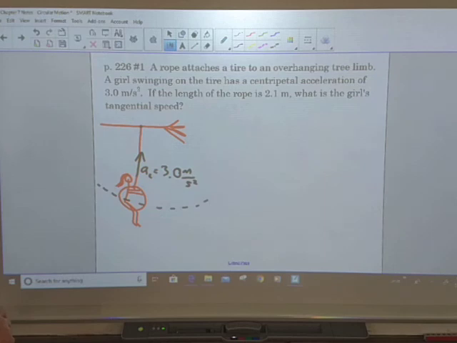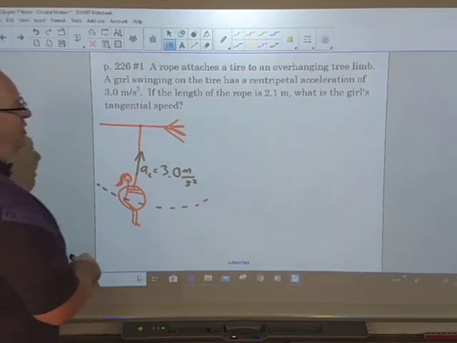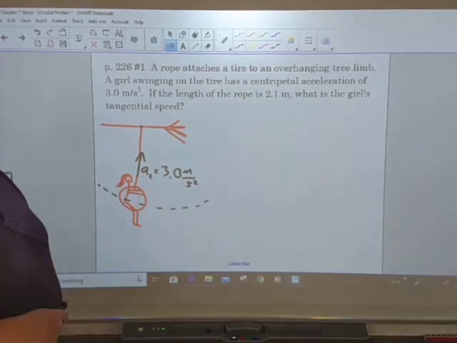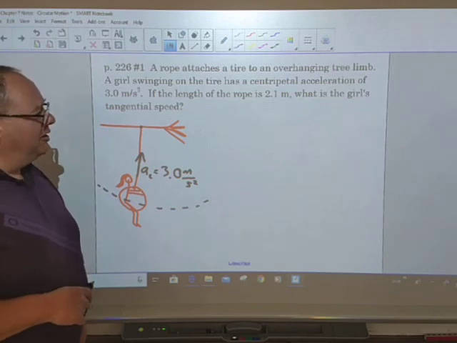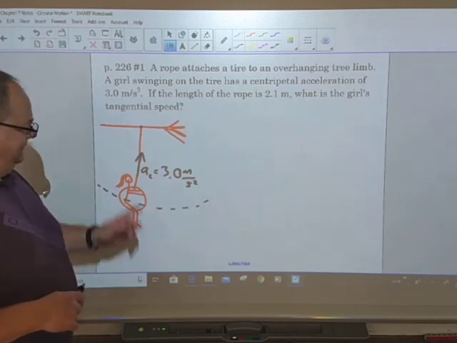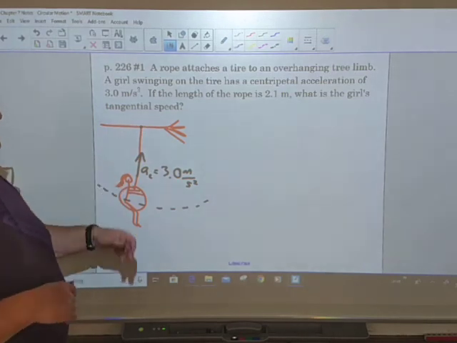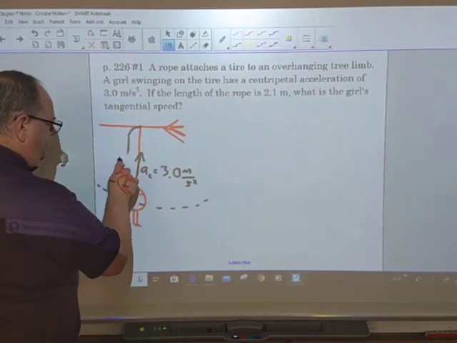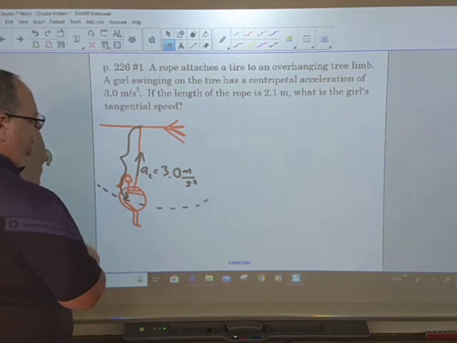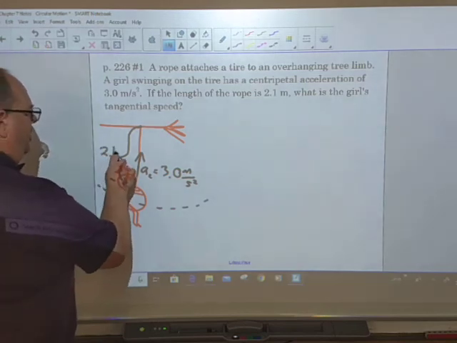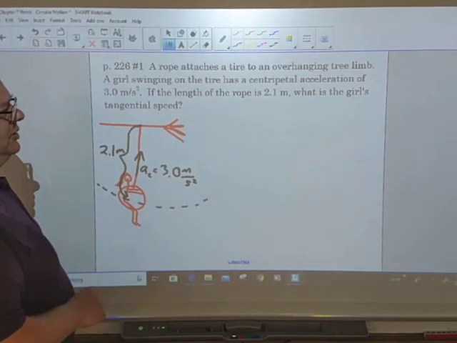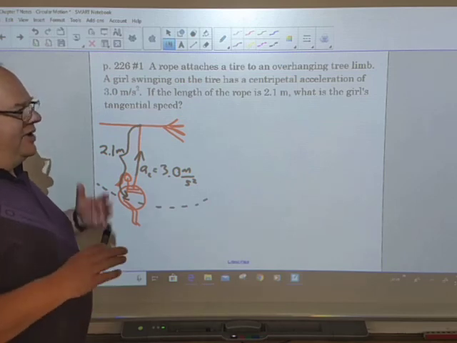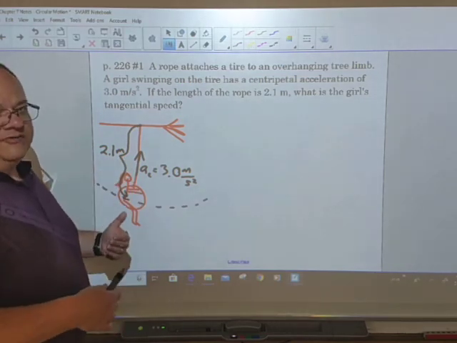The length of the rope is 2.1 meters. Now, this is where we have to interpret the problem a little bit. I would interpret it as the length from the center to the center mass is 2.1 meters. Otherwise, we don't have enough information to solve this problem.